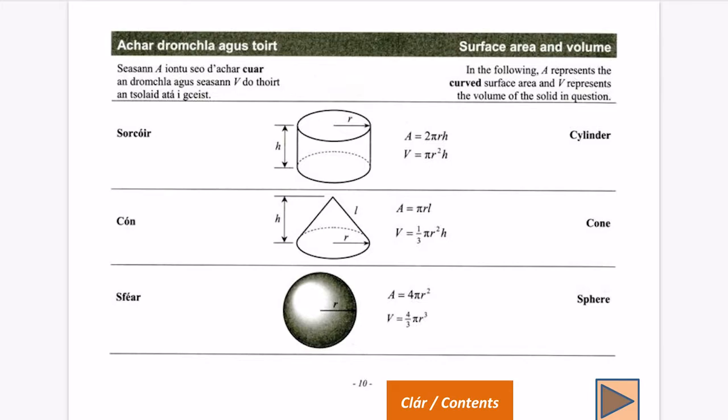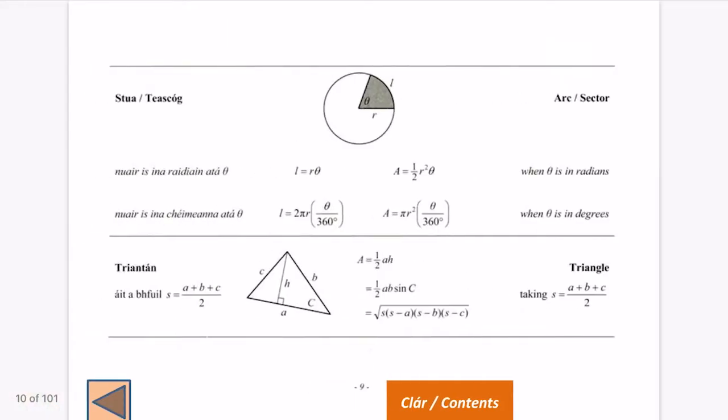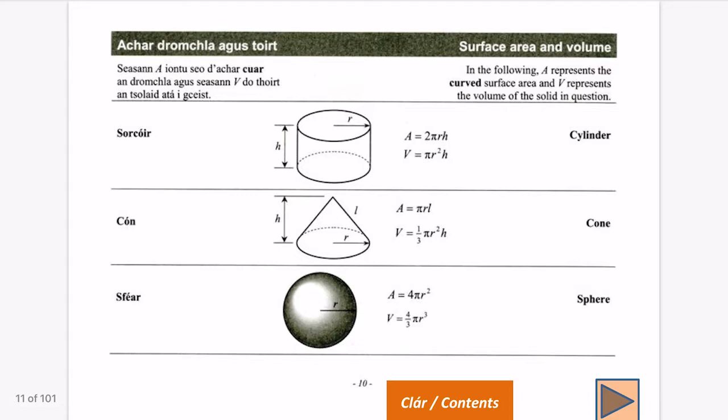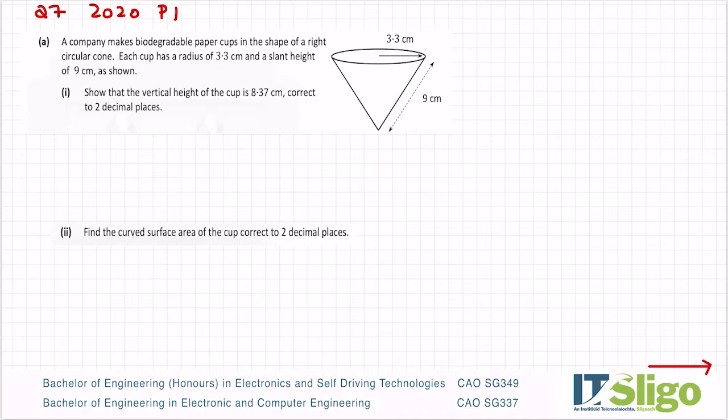If we go back to your log tables, which has area and volume at the start, I'm looking at a cone. I know that's in the log tables. So you can see the slant height L, radius, and you can see the vertical height H. The easiest way to see it is to draw the vertical height in as such.